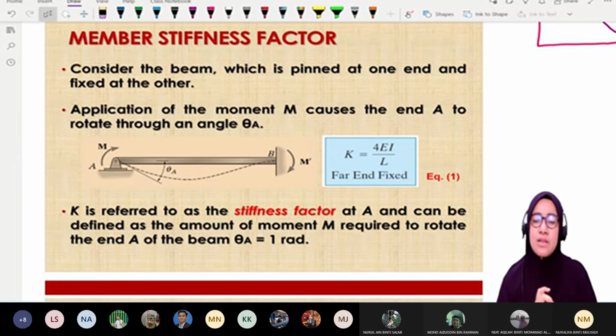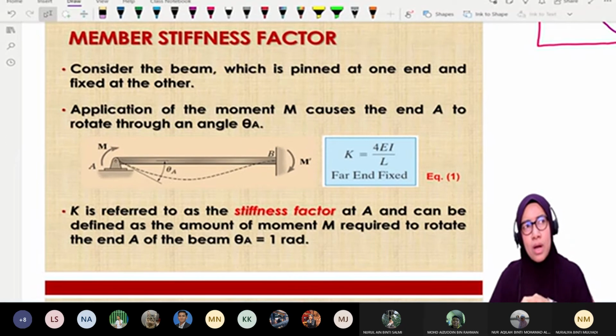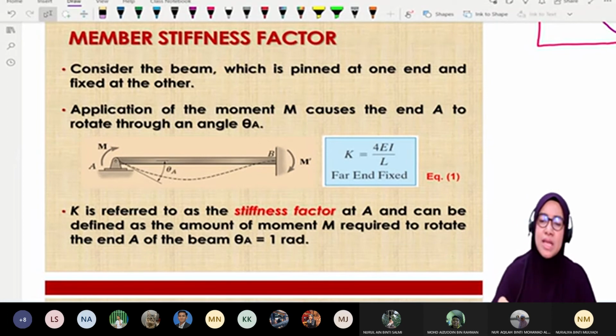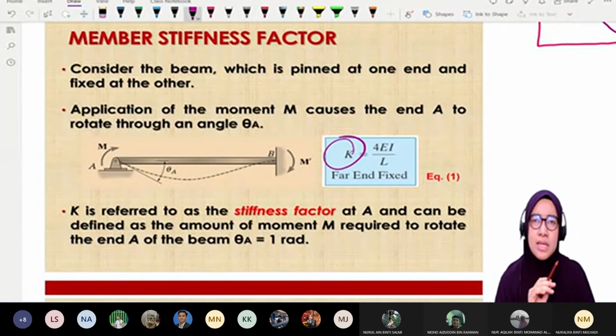So for calculating the distribution factor, we have to calculate the stiffness factor. The symbol used for the stiffness factor is K.